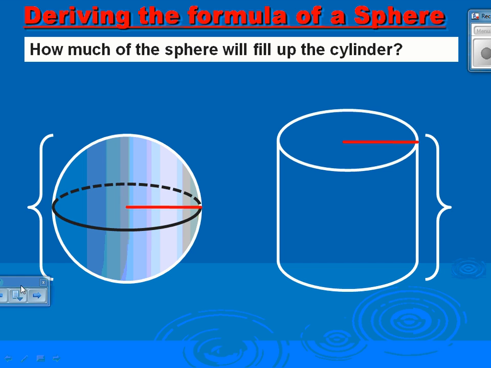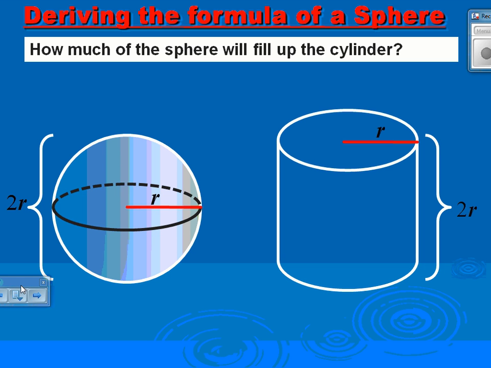My question for you now is, how much of the sphere will actually fill up the cylinder? As you guys know, a sphere has a radius of r and has a height of 2r.